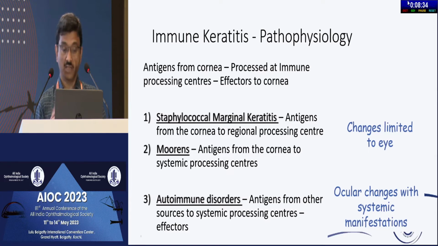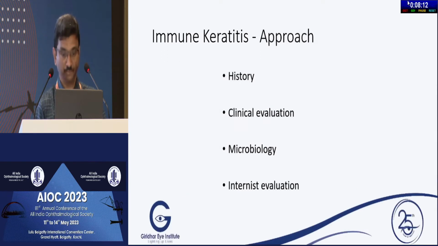In staph marginal keratitis, probably it is the antigens which get processed at the regional processing center and then migrate back. In Mooren's, you have some systemic issue or some systemic antigens or triggers that cause the effect on the cornea. While in autoimmune disease, it's all the systems that are affected.